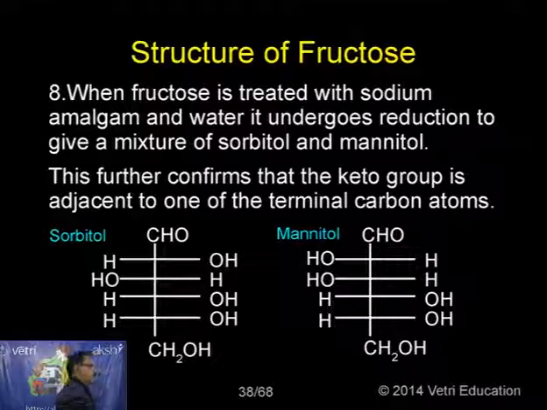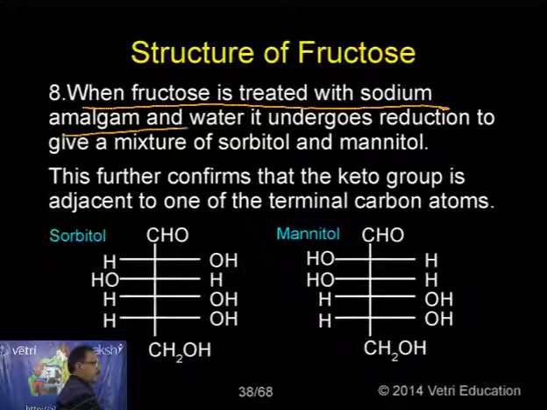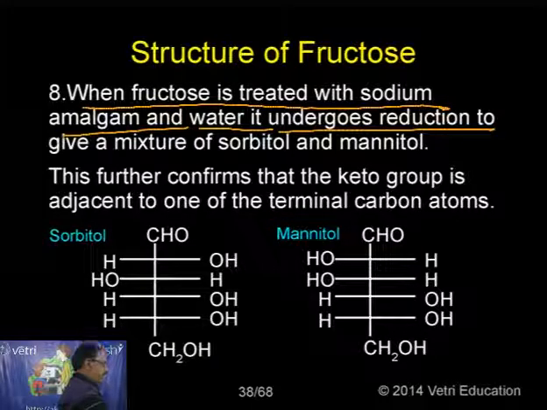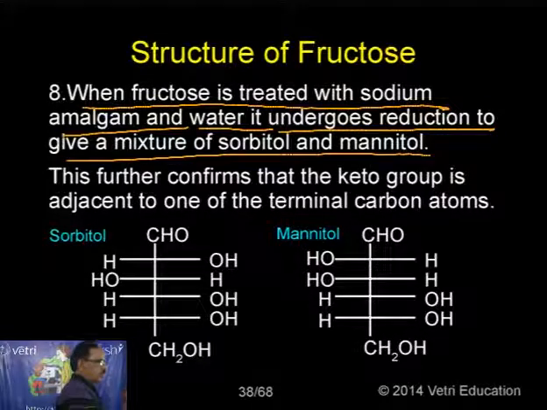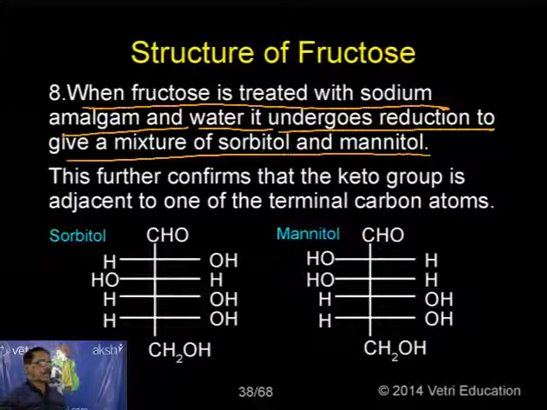Step 8. When fructose is treated with sodium amalgam and water, it undergoes reduction to give a mixture of 2 alcohols, sorbitol and mannitol. Both structures are given below.